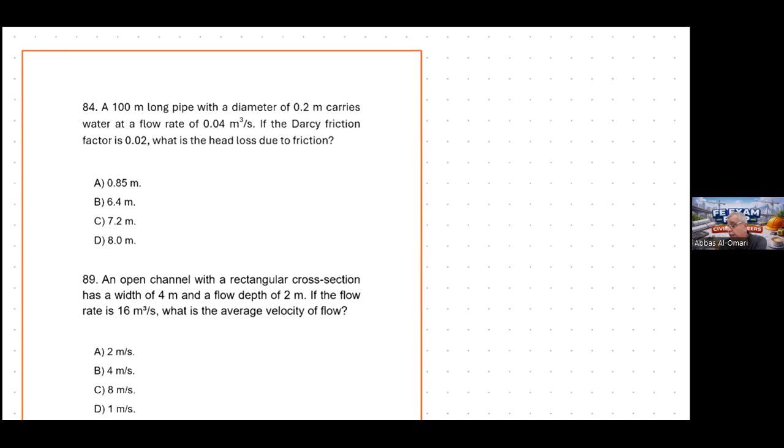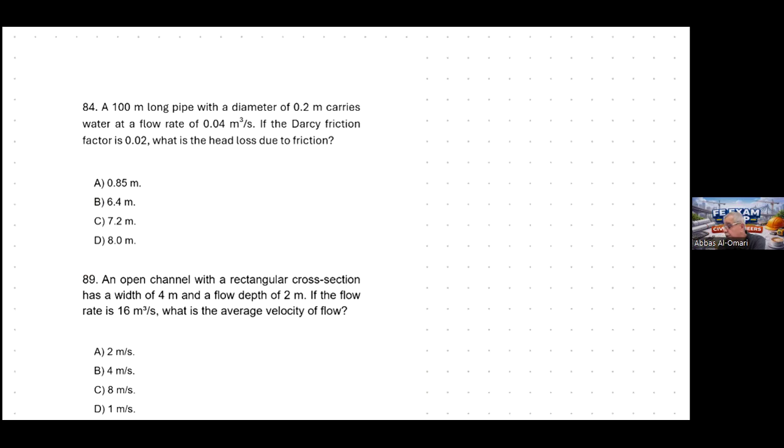We have a pipe of known length, which is 100 meter, and we know the diameter, 0.2 meter, and we know the flow rate, 0.04 meter cube per second, and we know the Darcy-Weisbach friction coefficient, and we want to determine the head loss.